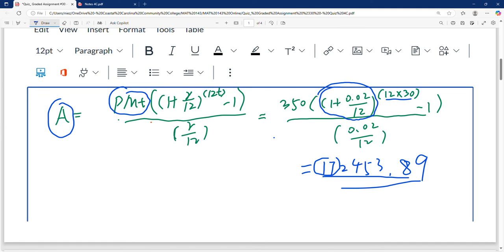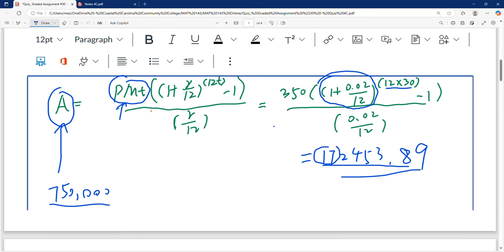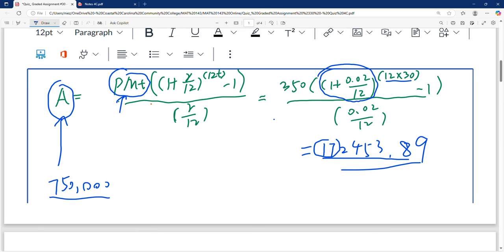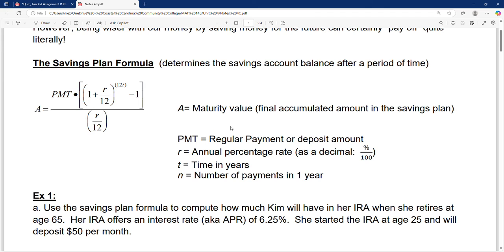For question 5, A is given, like 750k. You want so much. They ask you the PMT, like how much you should invest per month. So this question uses the same formula, but with both sides divided by this thing. You will get a new formula, and this formula is in the notes. You see here.